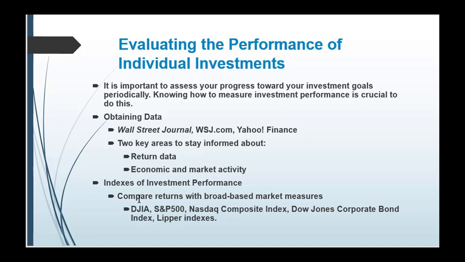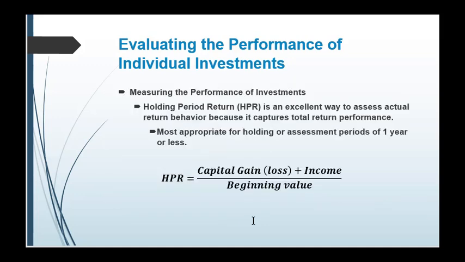And typically, especially when you're looking at equities, we're going to look at some broad-based equity index like the S&P 500. But if we have a bond portfolio, maybe we want to look at a bond index. Or if they're mutual funds, maybe there are some Lipper indexes that we can look at that look at the returns in general of a very broad set of assets.